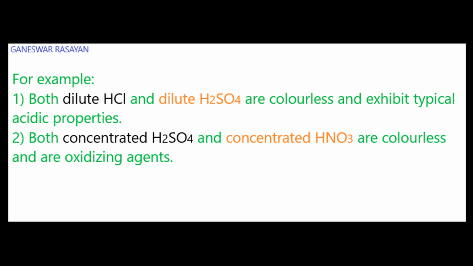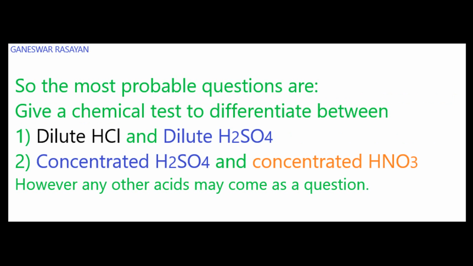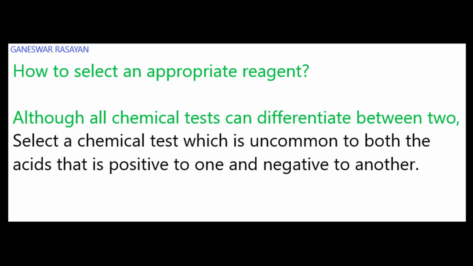Both concentrated sulfuric acid and concentrated nitric acid are colorless and are oxidizing agents. So the most probable questions are: give a chemical test to differentiate between dilute hydrochloric acid and dilute sulfuric acid, or concentrated sulfuric acid and concentrated nitric acid. However, any other acids may come as a question.